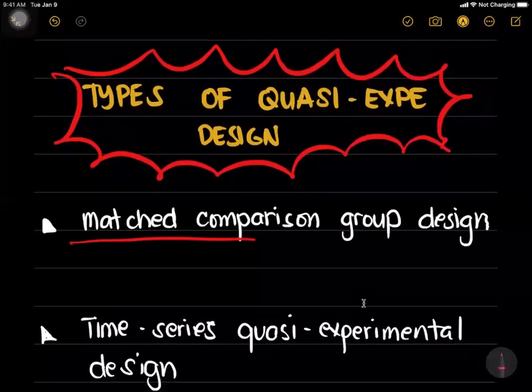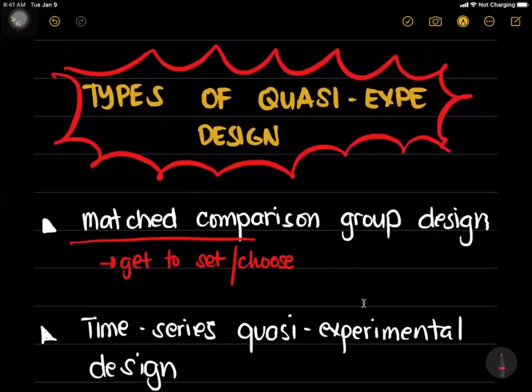So you already have your experimental or treatment group, but then here you get to set or choose participants that have similarities with your experimental or treatment group, okay? So that's how you're gonna do it. You already have your experimental group, and then you just find similar participants to your experimental group. That's matched comparison group design.